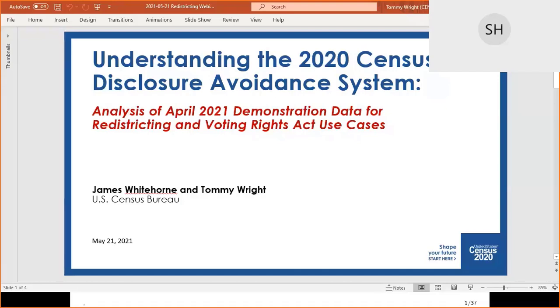As we continued to improve the top-down algorithm and further develop the redistricting use case, we began to address that redistricting poses a very unique challenge. It's not possible to know the configuration of the districts until those districts are designed after the data is published. This pushed us to seek additional ways to ensure that we're meeting the redistricting use case.